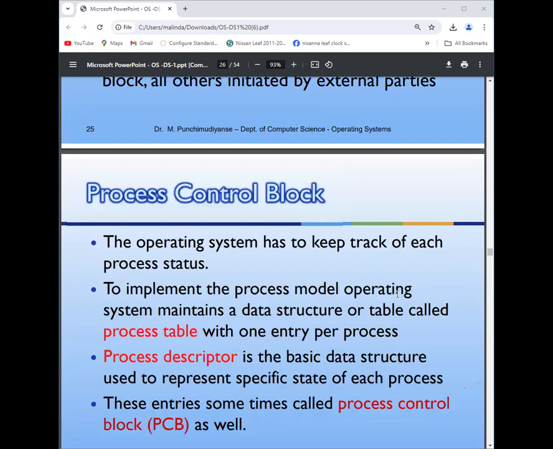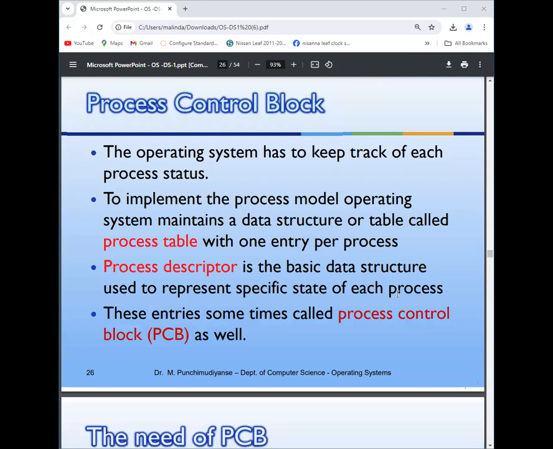Then, what is process control block? Now, you have learned that there can be many states for a process from its creation to its termination. After creating a process, the process state, the variables, the memory allocation, and which state that process is in, all that information has to be recorded and tracked by the operating system.